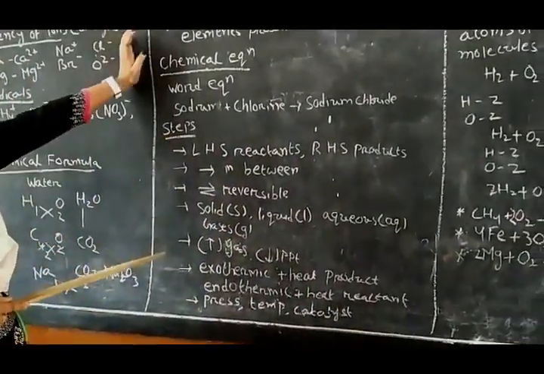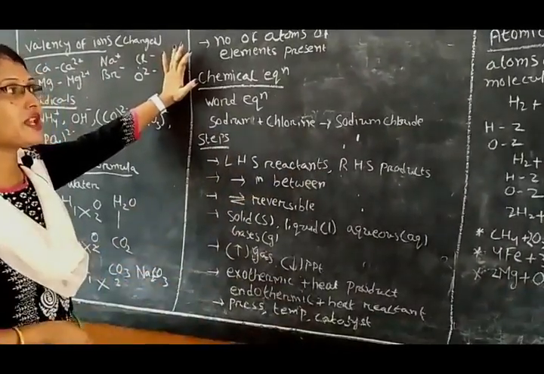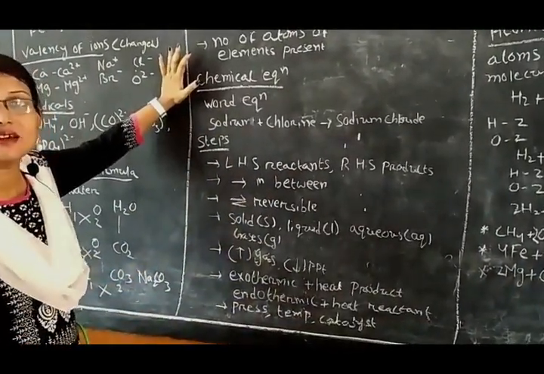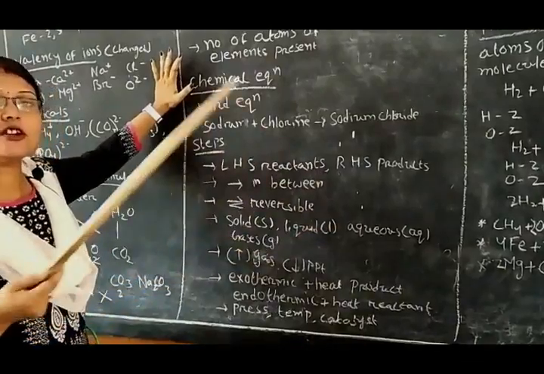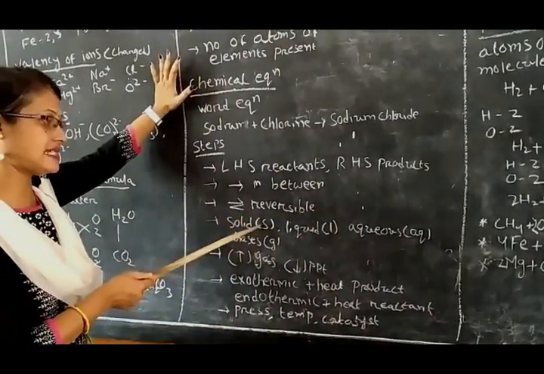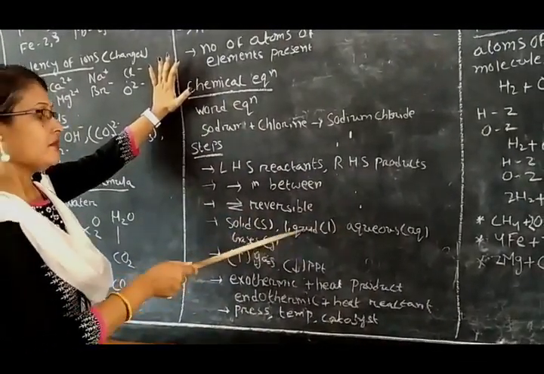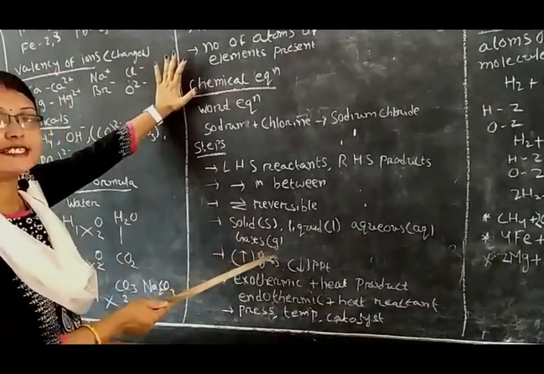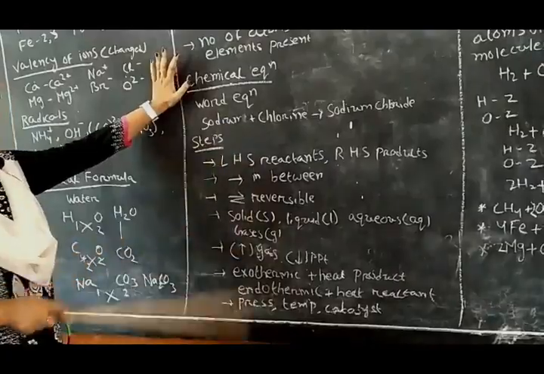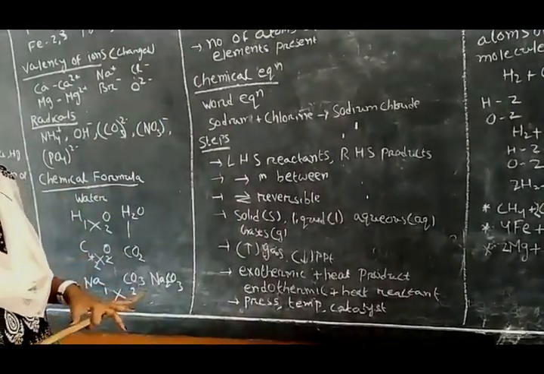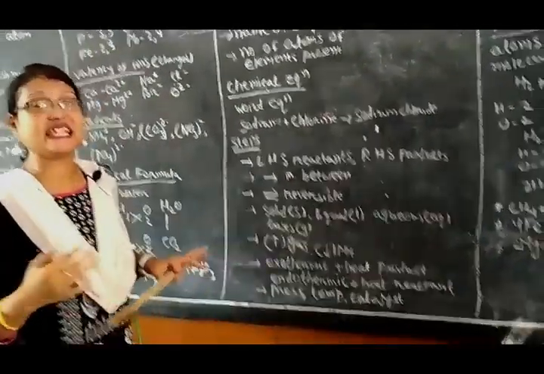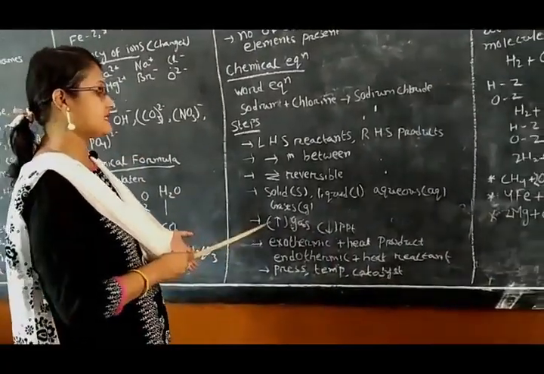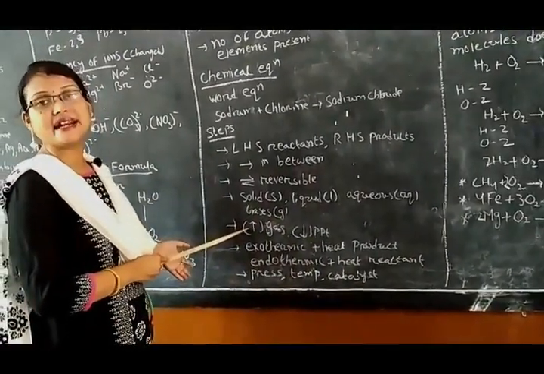Then about the physical state. While writing a chemical equation, we should write the physical state. If the reactants or products are in solid state, then S is written like this. For liquid, L is written. For aqueous solution, AQ is written, and for gases, G is written. And if on the product side any gas is evolved, then it is written like this, with an up-headed arrow.